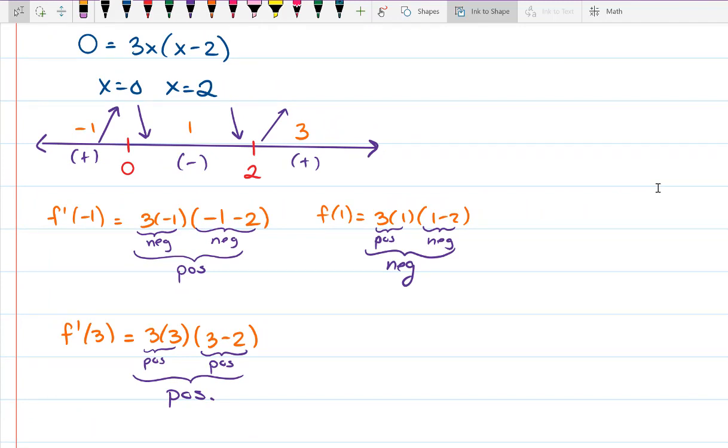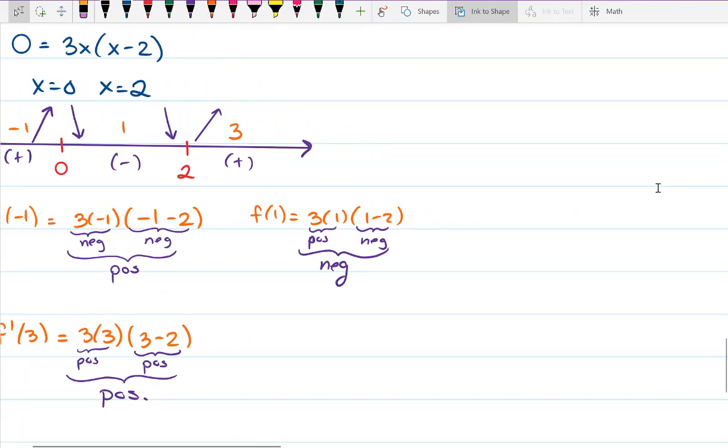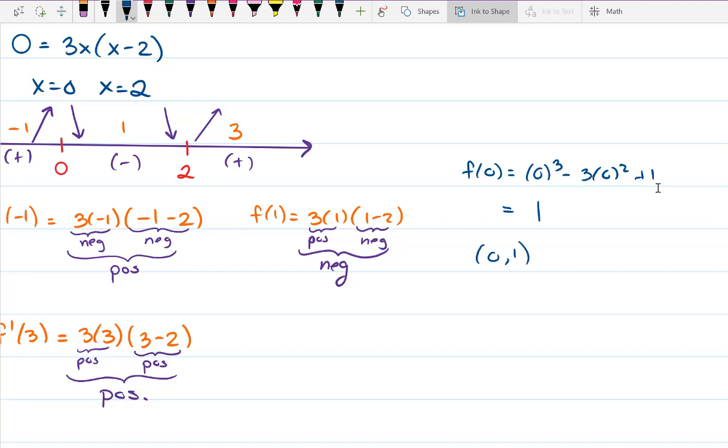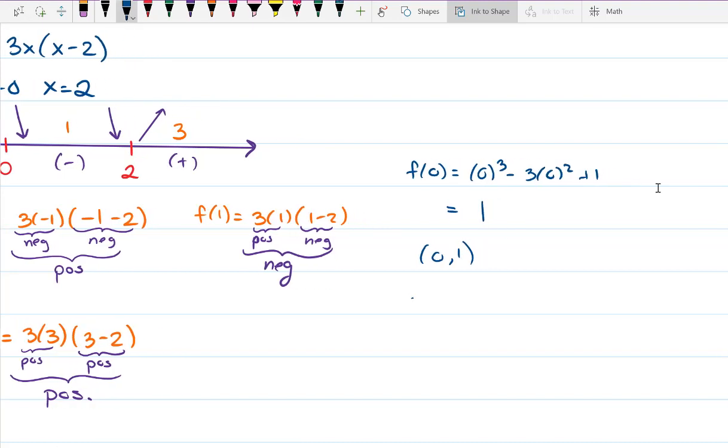To find out the y values of the local maxes and local mins, we need to plug them back into our original function. So f of 0 is going to be 0 cubed minus 3 times 0 squared plus 1, and you get 1. So we get the point (0, 1). And we do the same thing with 2.